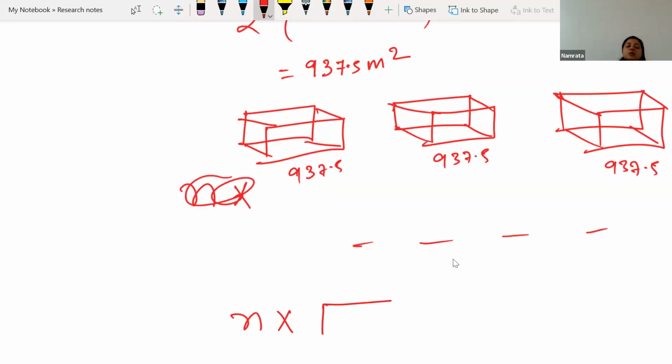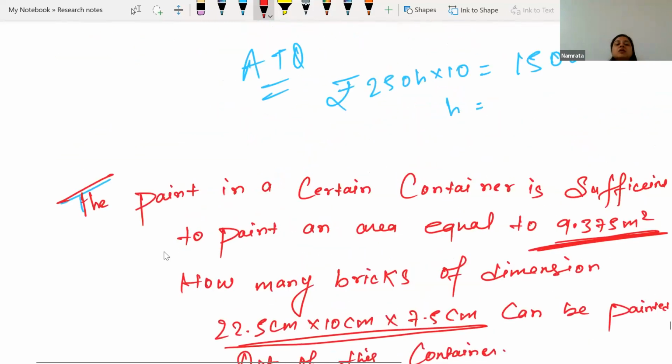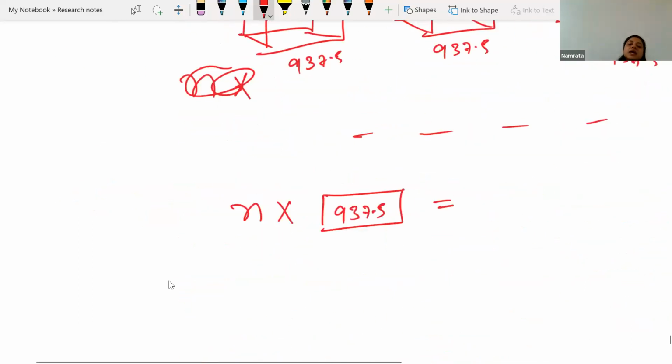Each one is having the area 937.5. What is the total criteria we are having? The container can paint 9.375 meter square only. So the n bricks' area must equal 9.375. Then only we will be able to say the whole container we have utilized.